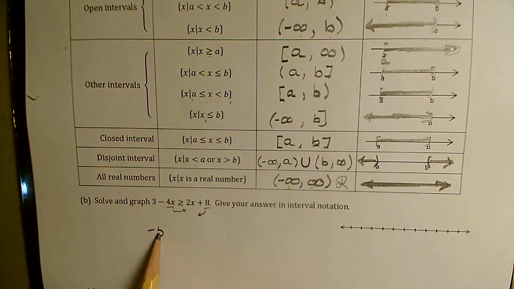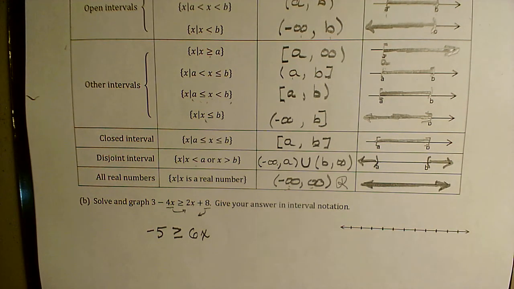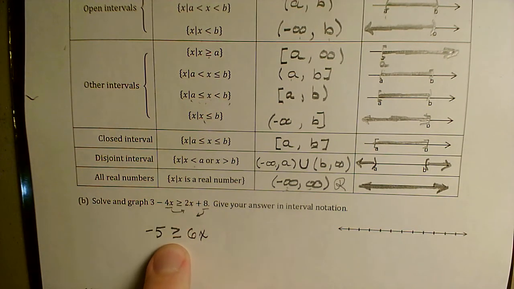So we get -5 is greater than or equal to 6x. And notice I did not multiply or divide by any negatives, so I didn't switch the direction of the inequality.